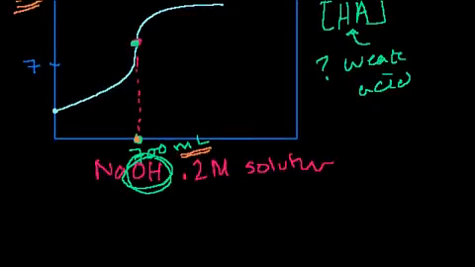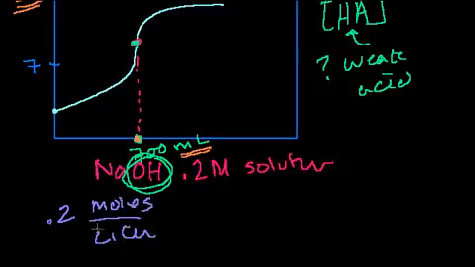We know that the concentration is 0.2 moles per liter of OH, times 0.7 liters, right? 700 milliliters is 0.7 liters.